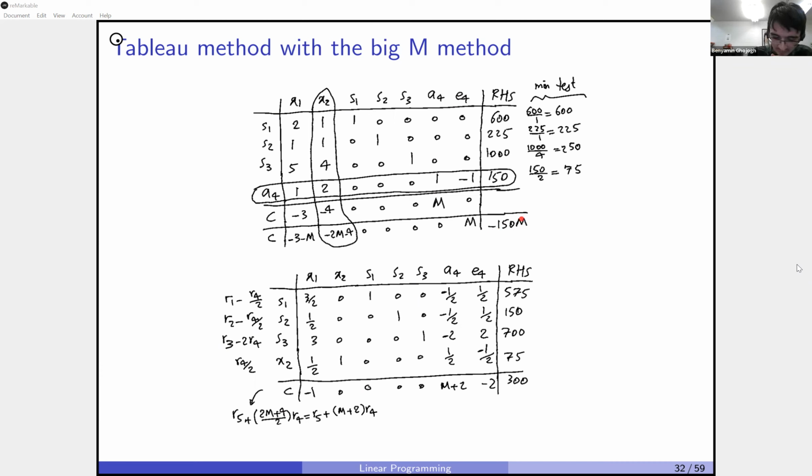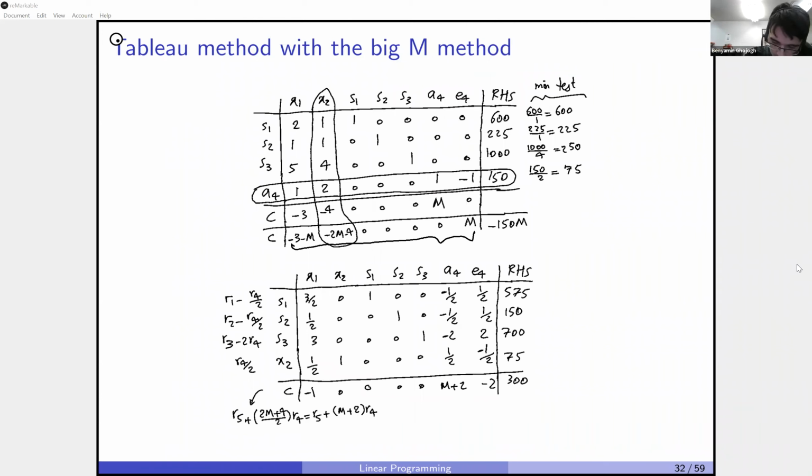Sorry, you don't consider this among these. You should only consider among these. M is positive, so this is not even negative. Among these two, which is more negative? This is smaller, right? So you choose this. This will be your pivot column.